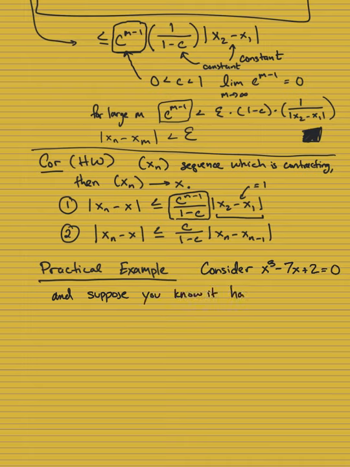You could do this maybe by sketching the curve and noticing that it looks like that happens. Or between 0 and 1, maybe you notice that plugging in 0, f(0) is 2, and f(1) is minus 4.